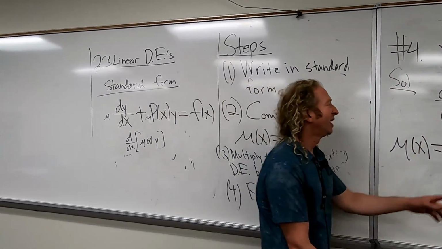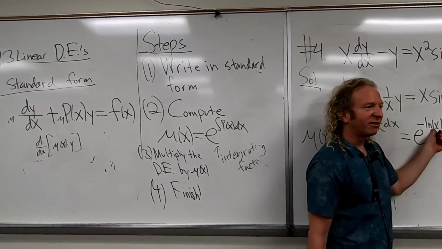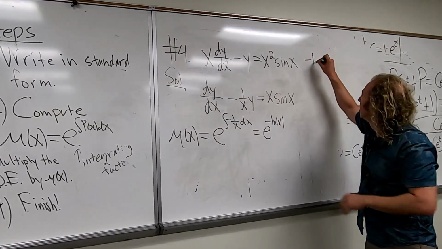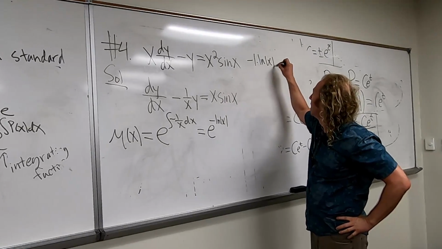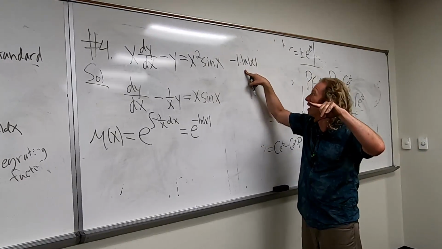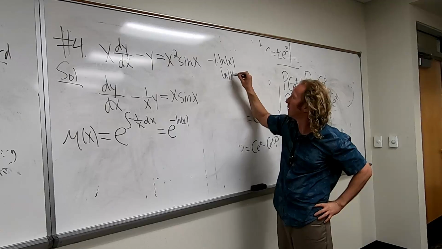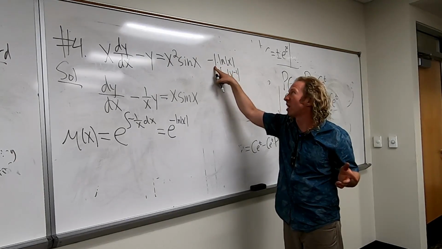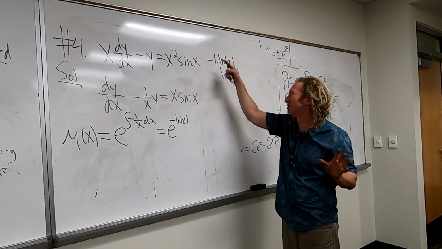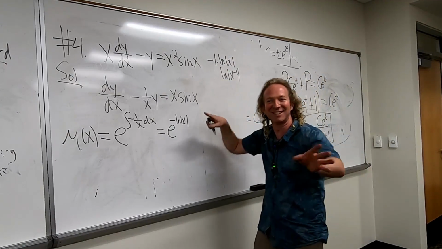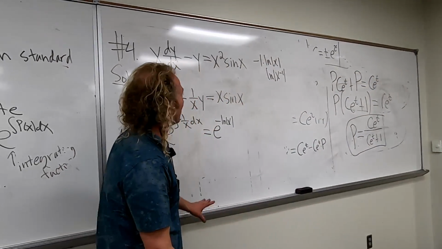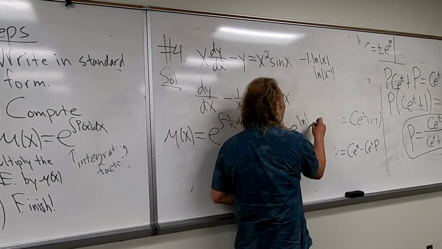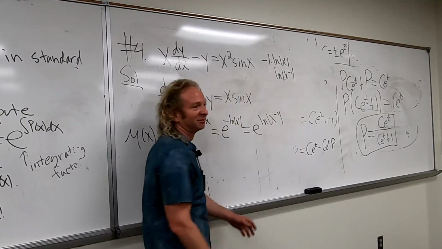We need to get rid of this, but we can't yet because of the negative. You want to think about it like this. What you can do with the negative 1 is bring it up as an exponent. That's called the power rule for logs. So this is e to the ln of absolute value of x to the negative 1.